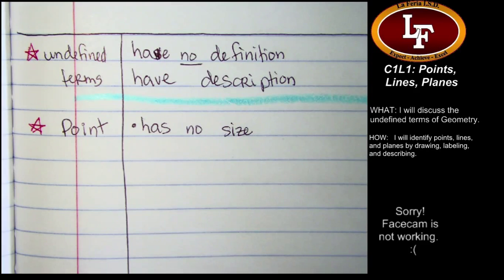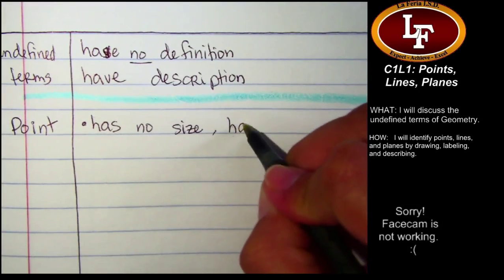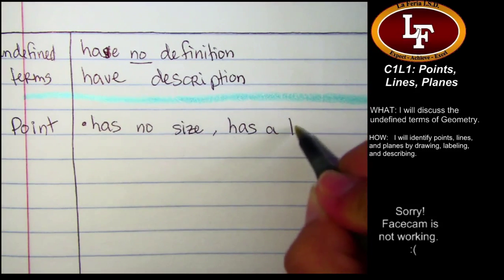Keep going smaller and smaller until you can no longer see it or think of it, to the point where it feels like it disappears completely. That's the geometric point. It has no size, but what it does have is a location.